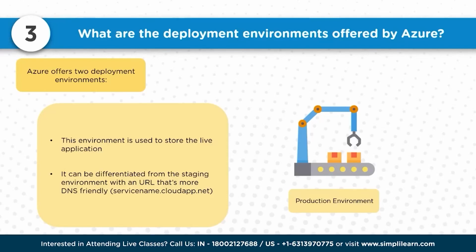That way it differs. In case of the staging environment, you have a custom name right before cloudapp.net, but in this case you get the direct service name as the name of the URL. So this is the live production environment which receives, handles and serves customer traffic.